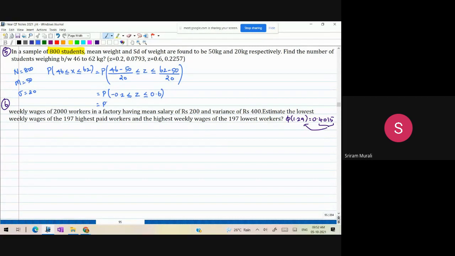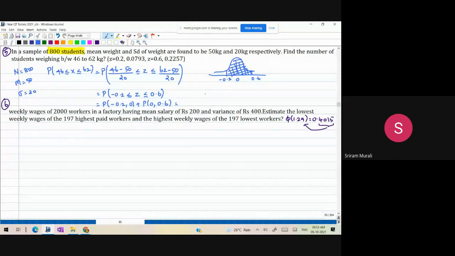So two areas can be split. This is a required area. I split into two areas, minus 0.2 to 0, plus 0 to 0.6.